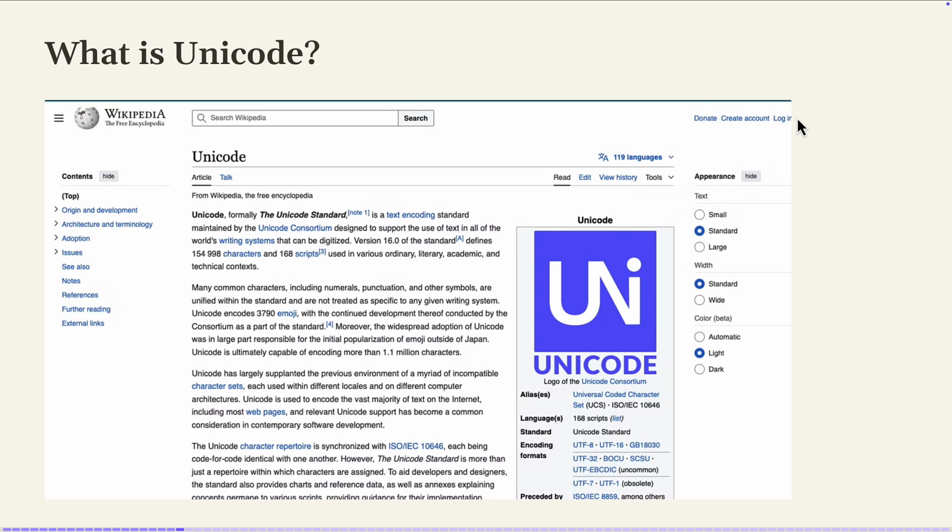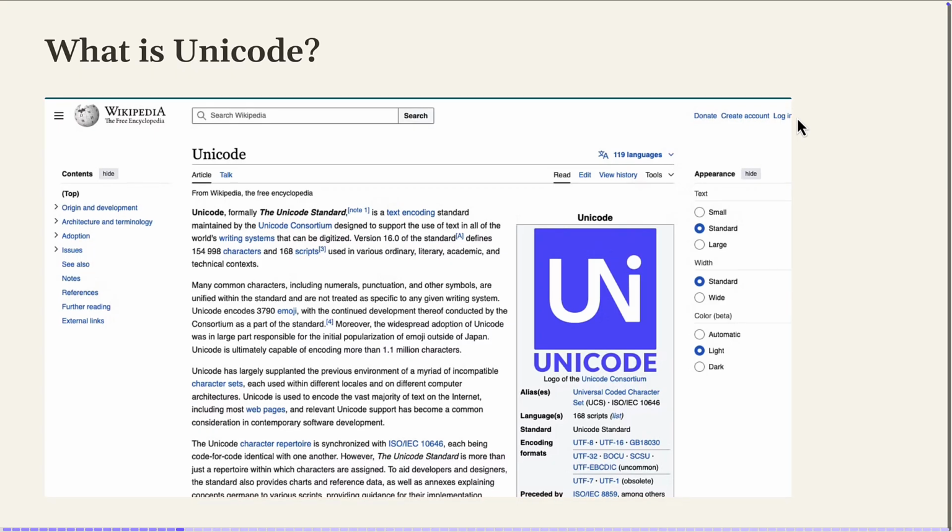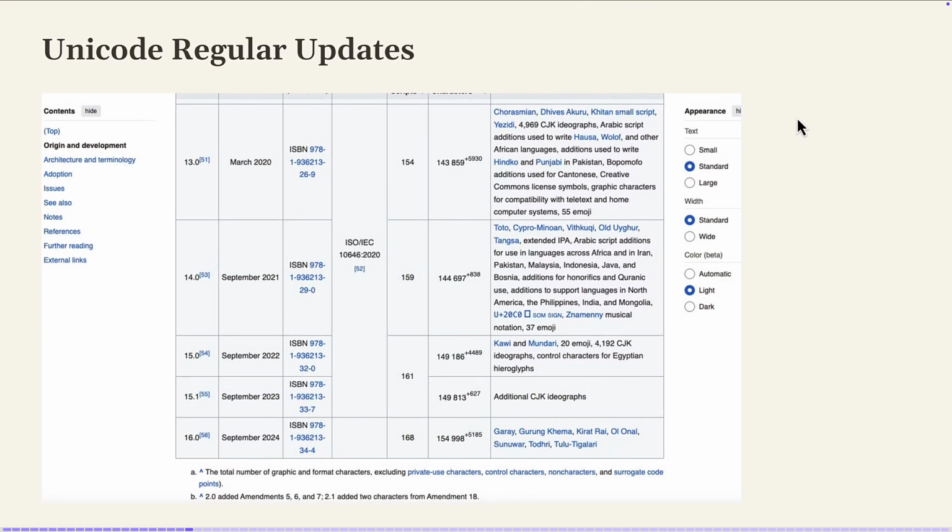And this is the Wikipedia page that defines and introduces the Unicode standard. If you observe here, it's a standard that is maintained. It changes over time. Back in March 2020, we had only 1,043 types of characters, and by September 2024, we reached more than 154,000 characters.